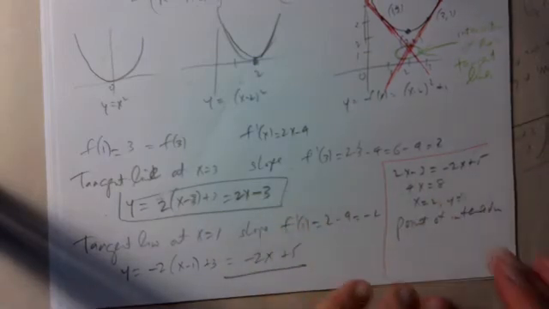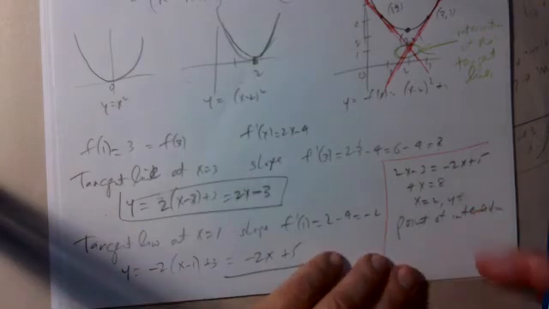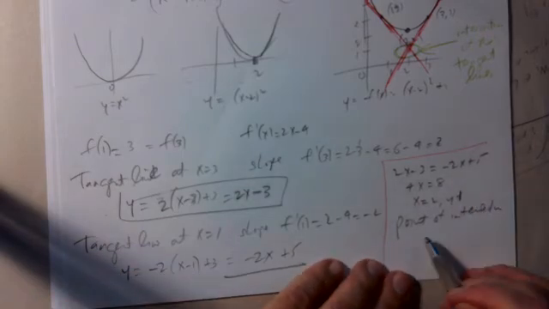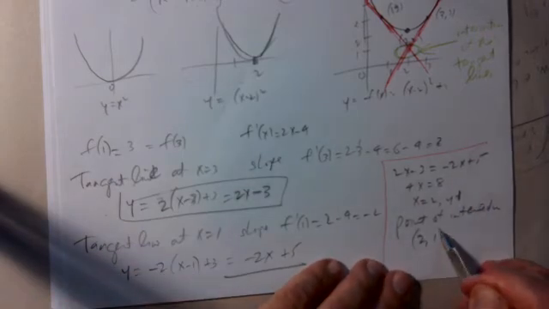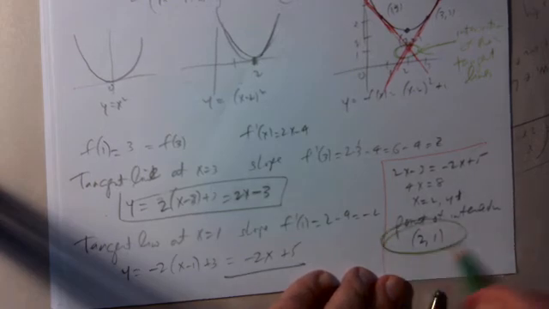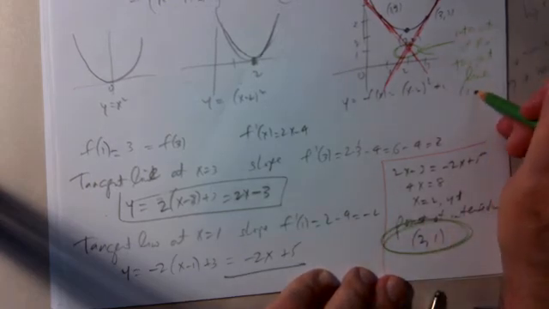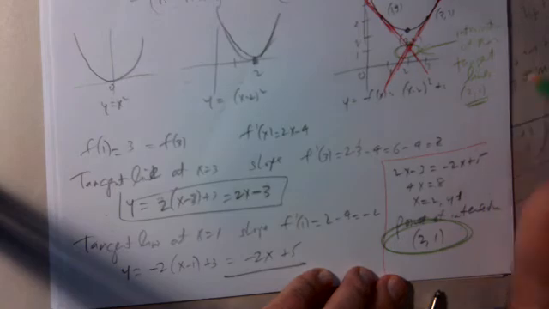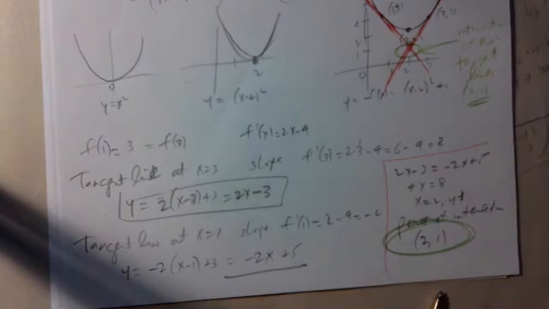And on this line also, x equals 2, y equals 1. So the point of intersection is (2, 1). And this is the solution to the problem, (2, 1).